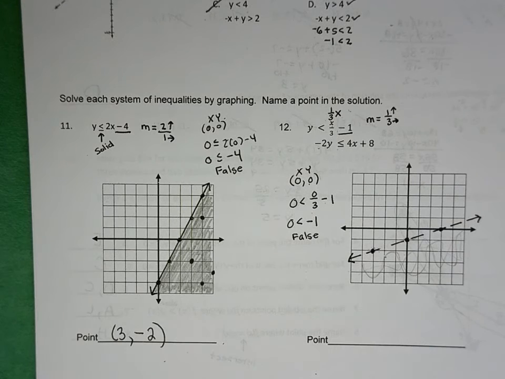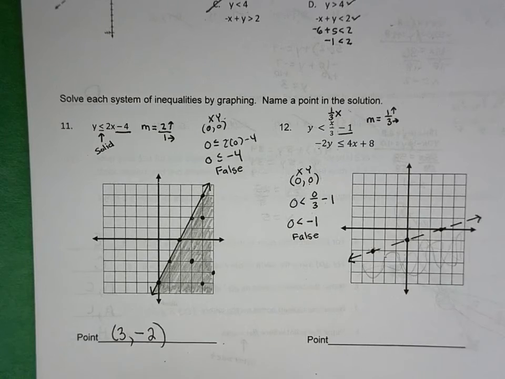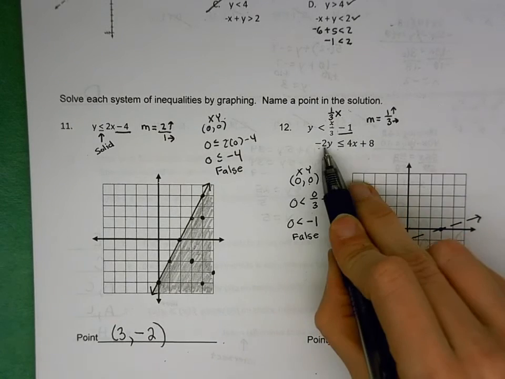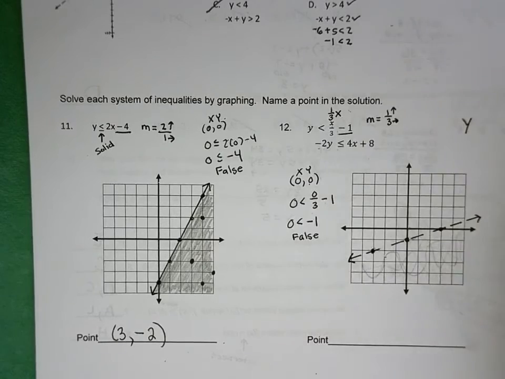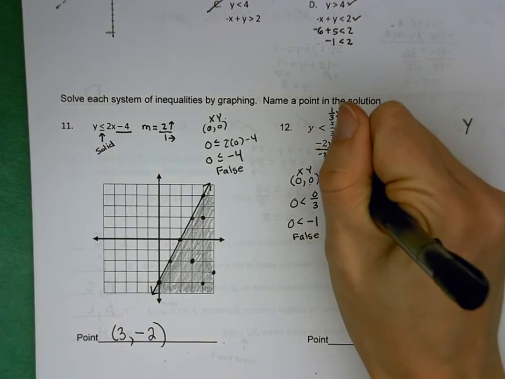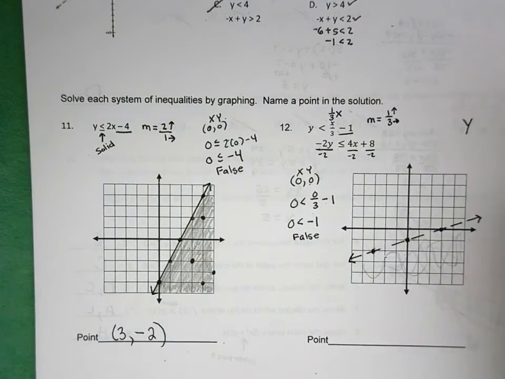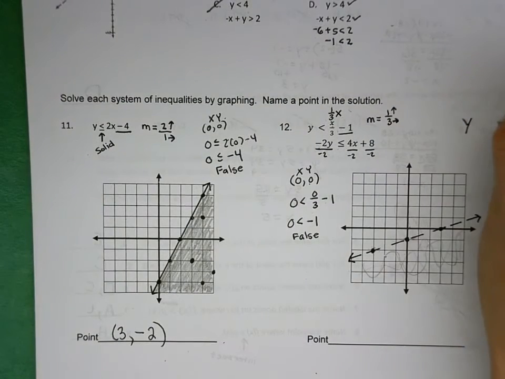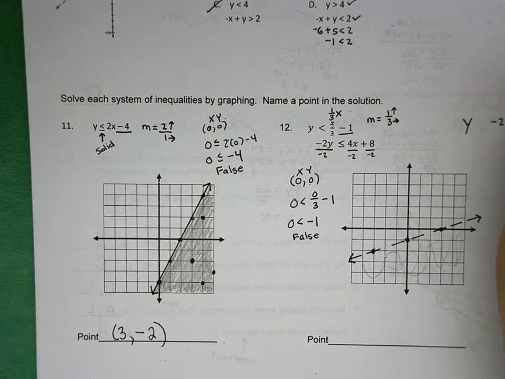Okay, before we get into that, take note really quickly. Equals means it's going to be a solid line. Okay, so when I divide this -2 over to the other side, I'm going to get y, dividing that -2, dividing that -2, dividing that -2. Okay, 4 divided by -2 is -2x, and 8 divided by -2 is -4.